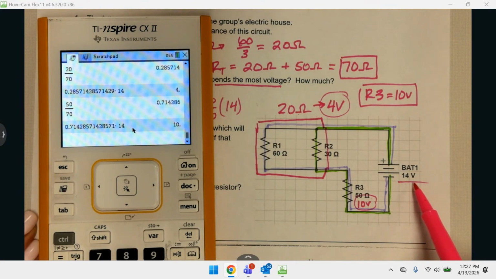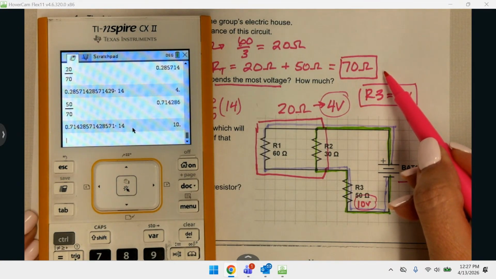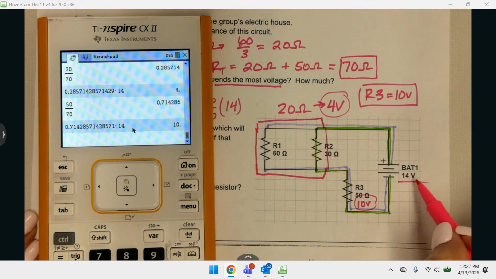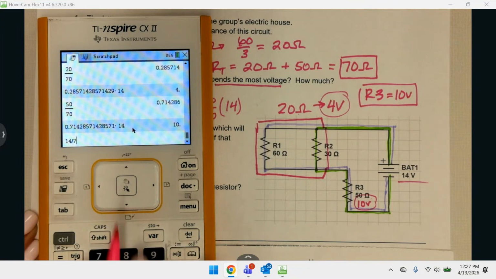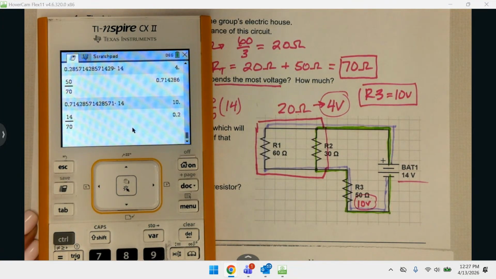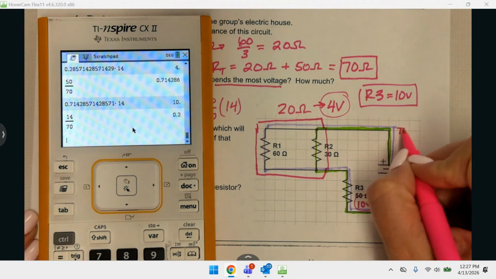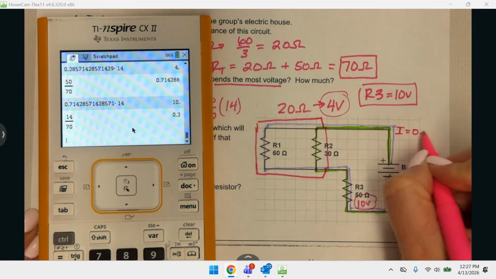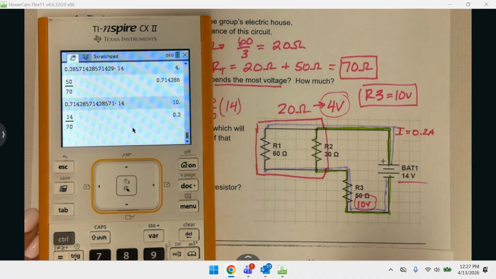So we're going to use 14 volts, and we're going to use the total resistance that we found in number 1. And so if we do that, we would have 14 equals I times 70, meaning that 14 divided by 70 would give us our current. So the total current here, leaving the battery, is 0.2 amps.